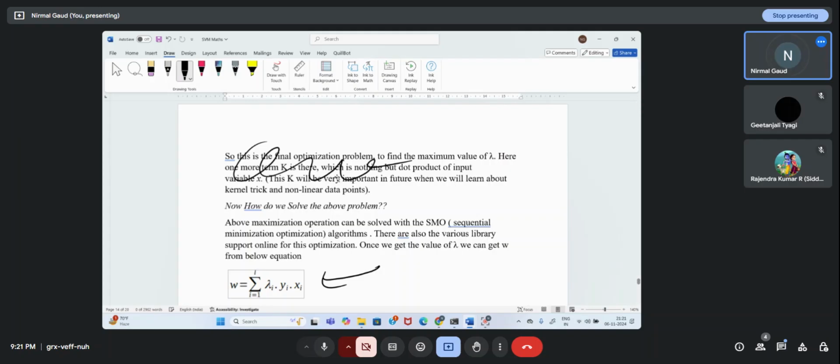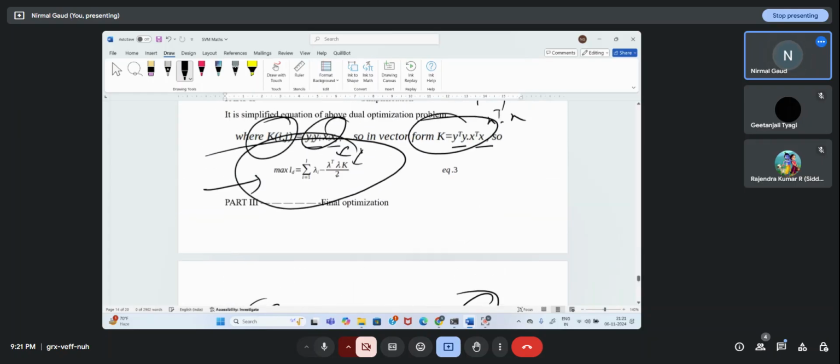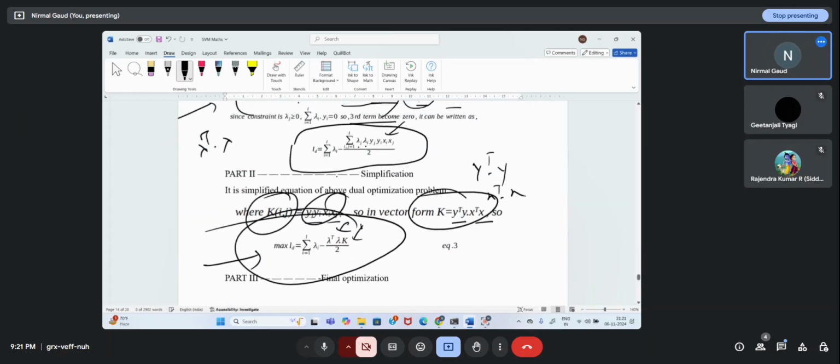To find the maximum value of lambda, here more than k terms is there, and is nothing but the dot product of input variable, यानी इनपुट का डॉट प्रोडक्ट है वो. इनपुट x और y है, उनका डॉट प्रोडक्ट है ये, वेक्टर ले लो, मैट्रिक्स जो भी है अभी मान लो. यही हमने नोट्स में पढ़ा था, अब यहां देख भी लिया सामने कि डॉट प्रोडक्ट जैसा आ रहा है इनका.